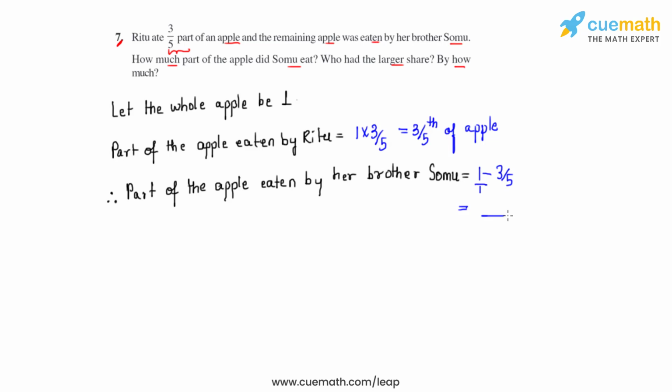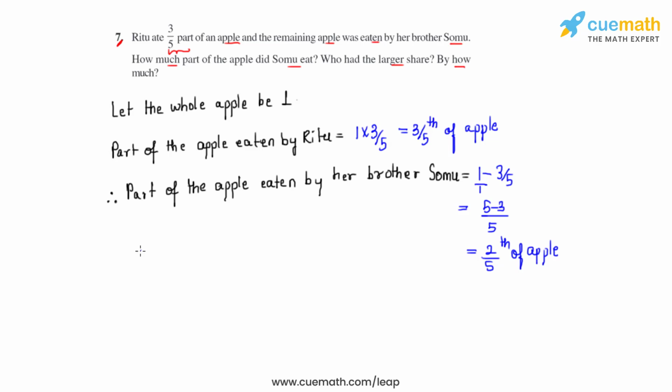The LCM is 5, so we'll write it as 5 minus 3 in the numerator, and that gives us 2/5 as the answer. So 2/5 of the apple was eaten by Ritu's brother Somu.